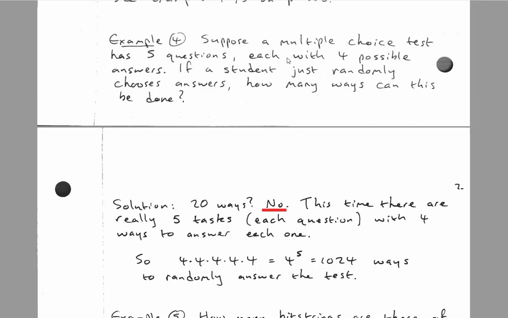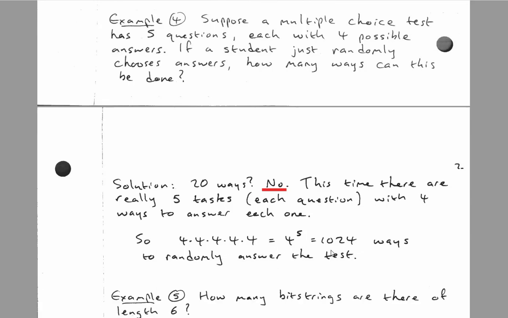That's why these multiple choice quizzes can be difficult. If you're not quite sure of the answers, there's lots of ways to go wrong. Only one way is everything correct.